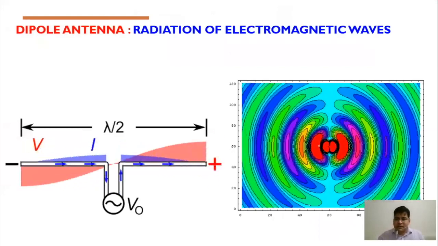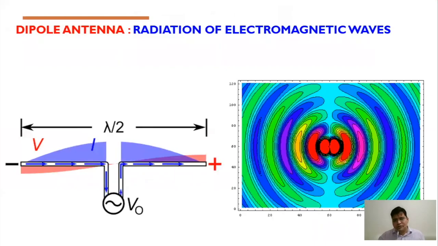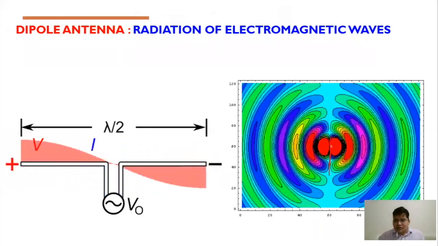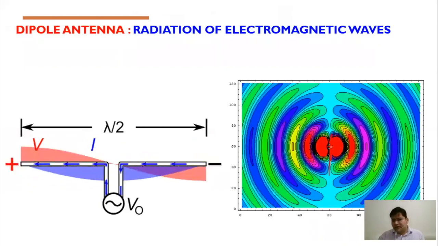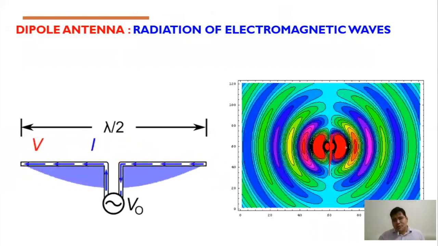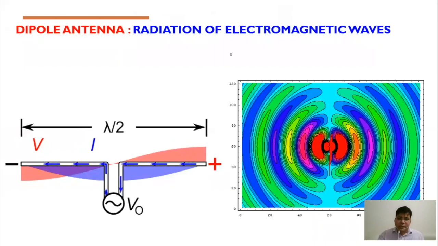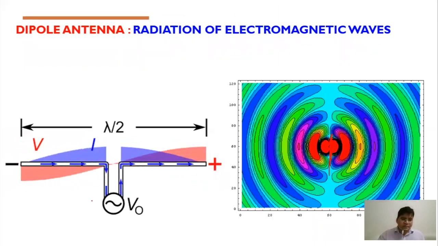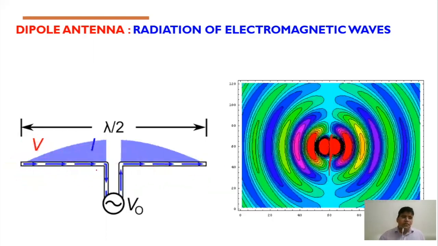You can observe here how the field is moving. It is being generated. Suppose a dipole antenna is placed here, and the electromagnetic field is being propagated in the medium. The pink line is showing the input field.